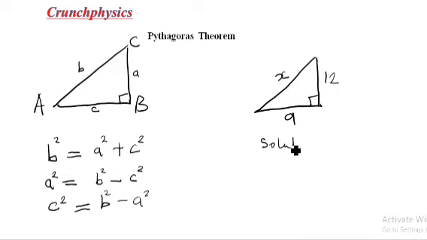Solution: let's apply this formula, because this is similar to the first, we are looking for the hypotenuse. So let's apply Pythagoras theorem: x squared equals the sum of the two sides, which is 12 squared plus 9 squared.